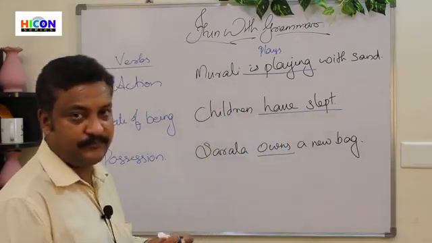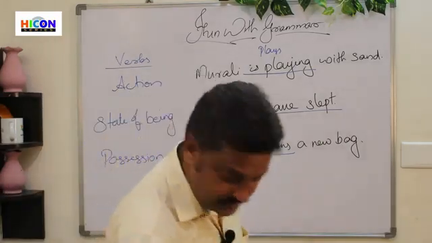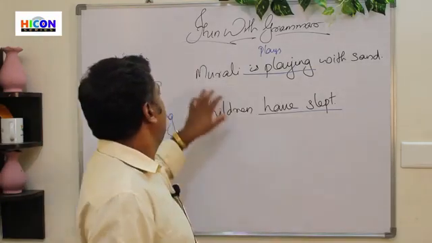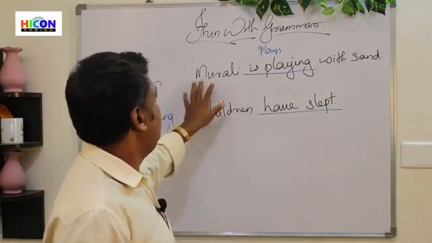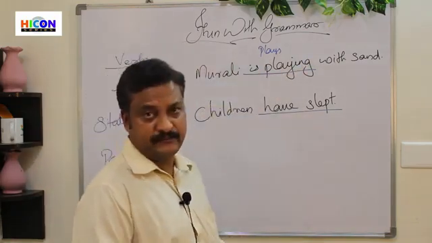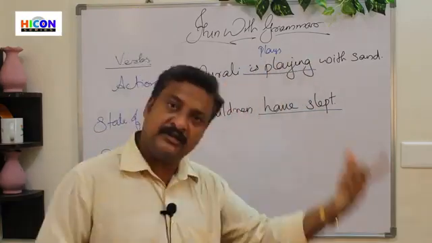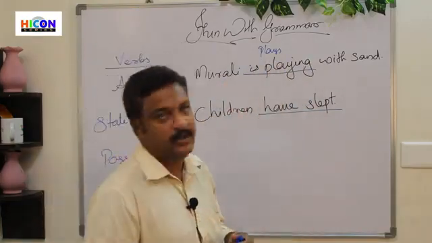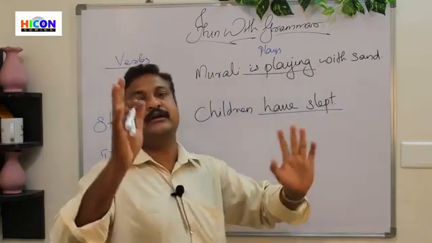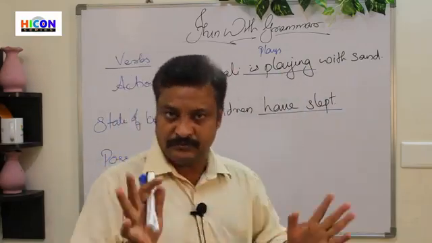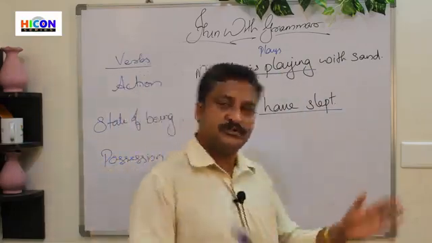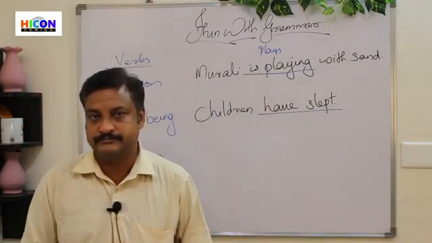Murali is playing with the sand. In these two words, is playing, both together form the verb. Both is playing together is called the verb. Have slept together is called the verb.